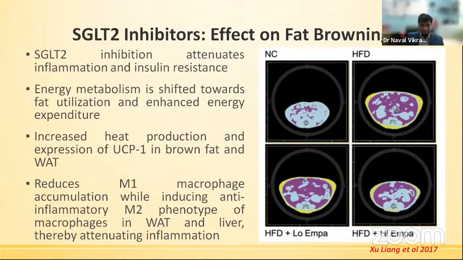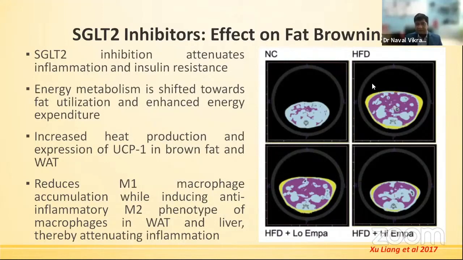It has also been seen in animal studies that there is increased heat production and expression of uncoupling protein 1 in the brown fat and the white adipose tissue. It decreases the M1 macrophage accumulation, while it induces the anti-inflammatory M2 phenotype of the macrophages in the white adipose tissue and liver. So these have all been seen in the animal studies.